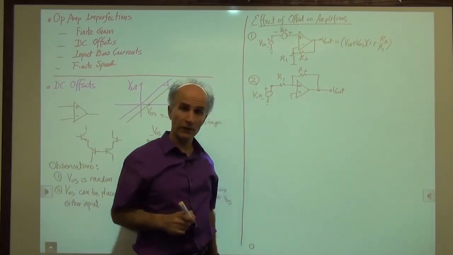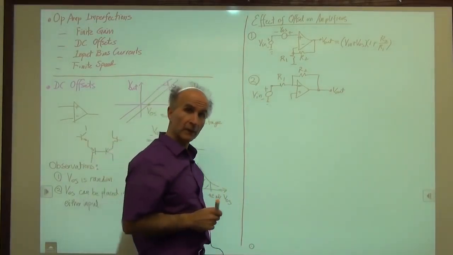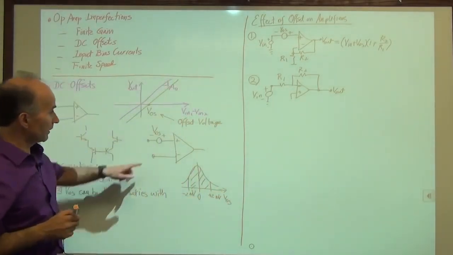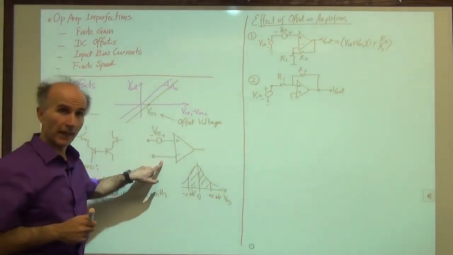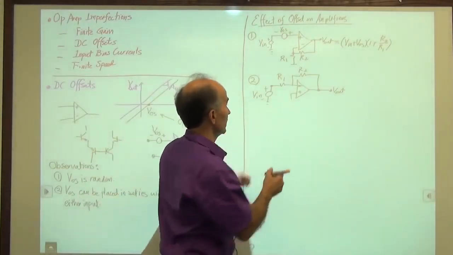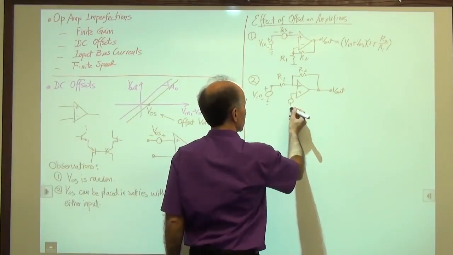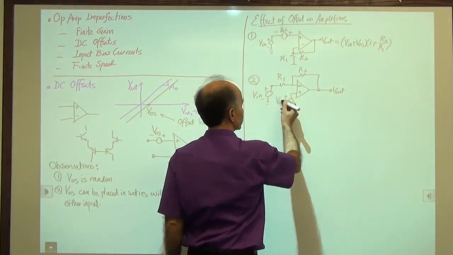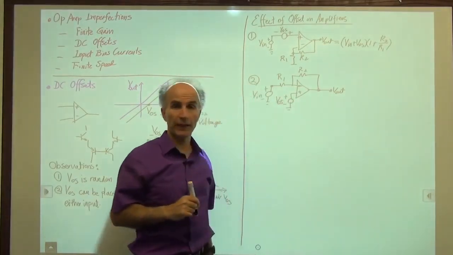That's our inverting amplifier. And we have to insert the offset voltage in series with one of these terminals. And it seems to be easier to do it here on this side. So we'll add the offset here, VOS, and see what we get.